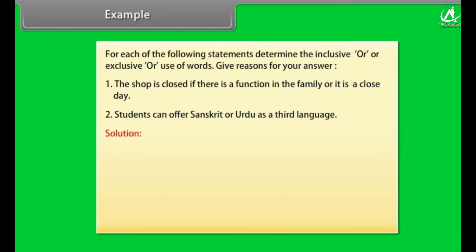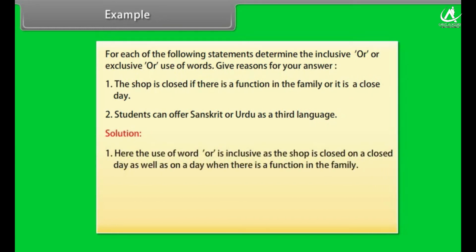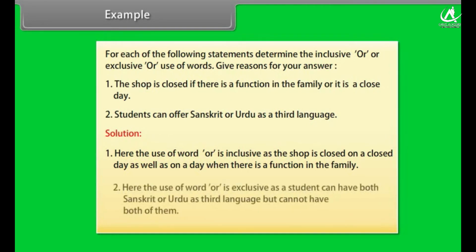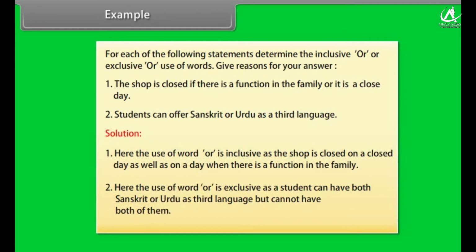Solution: 1. Here the use of the word or is inclusive as the shop is closed on a closed day as well as on a day when there is a function in the family. 2. Here the use of the word or is exclusive as the student can have either Sanskrit or Urdu as third language but cannot have both of them.